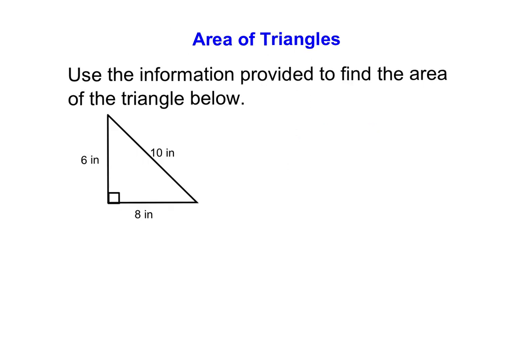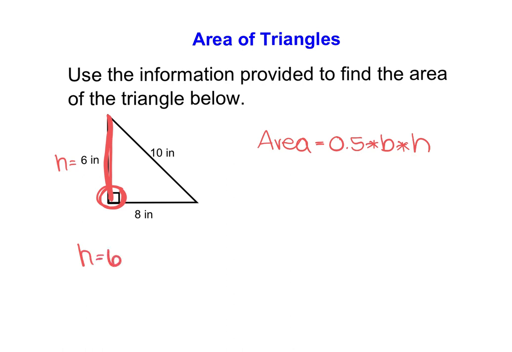So now let's try a different type of triangle. So our area is still calculated for a triangle by using 0.5 times the base times the height. When I look at this triangle, I don't see an internal measurement, but I do see my 90-degree angle. This 90-degree angle that has a line up to the high point is telling me that my height is actually equal to 6.